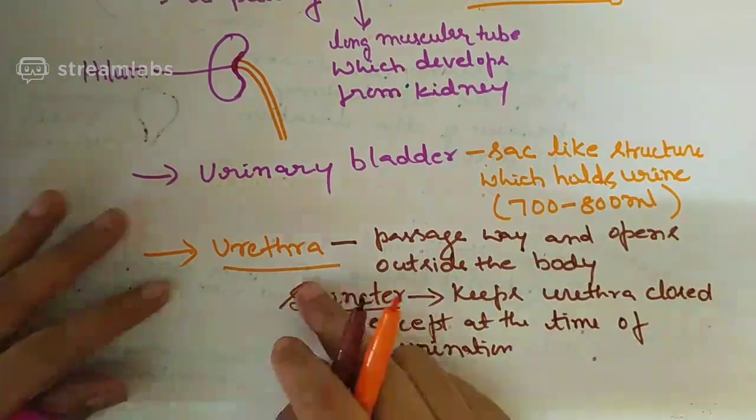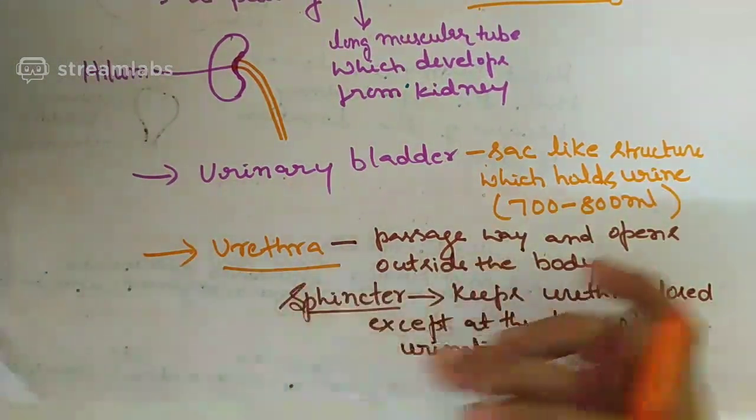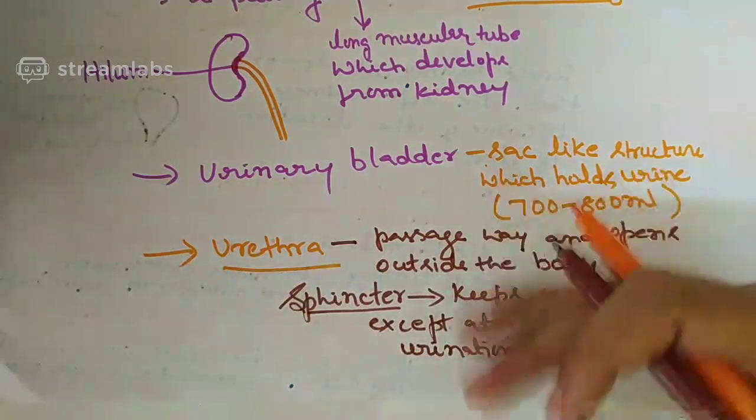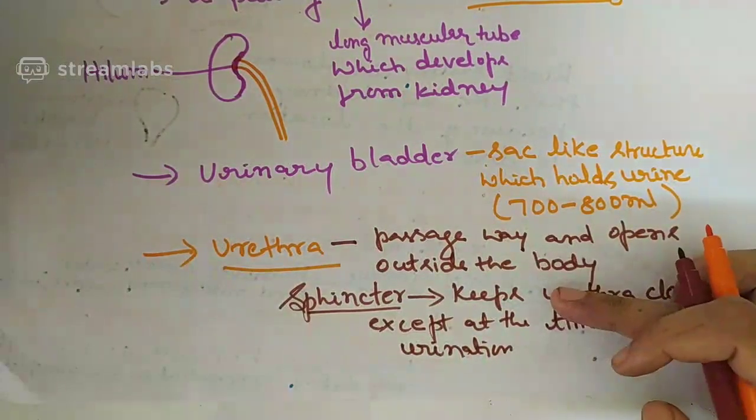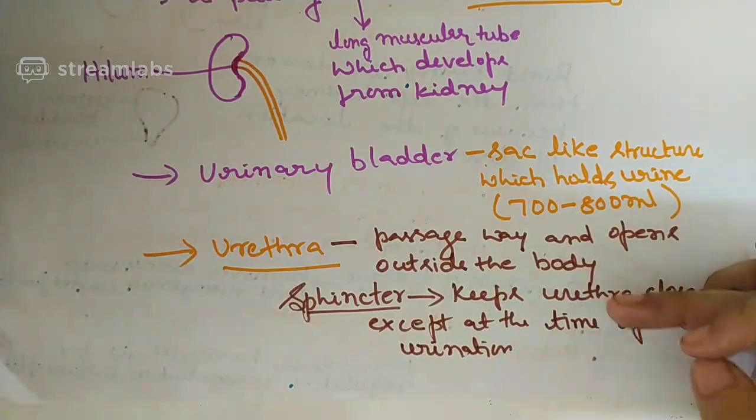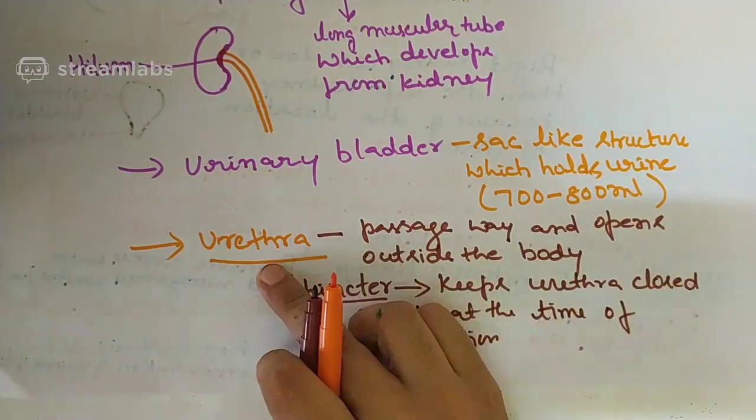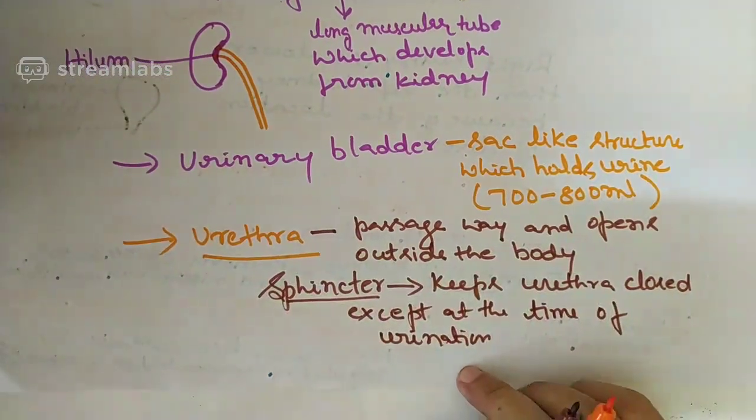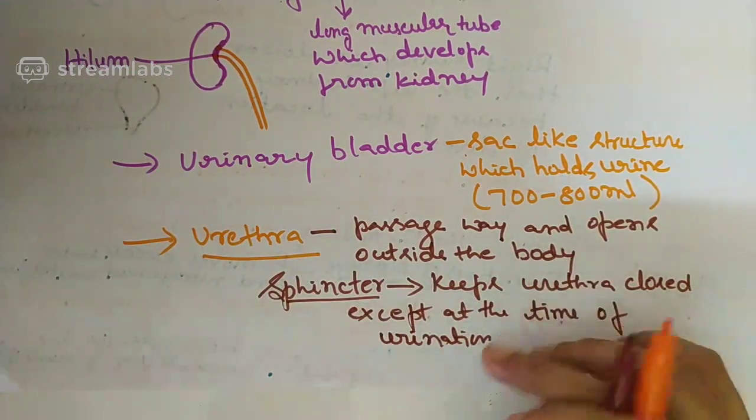So through the urethra the excretory system opens outside the body, and it always remains closed except when there is an urge for urination.